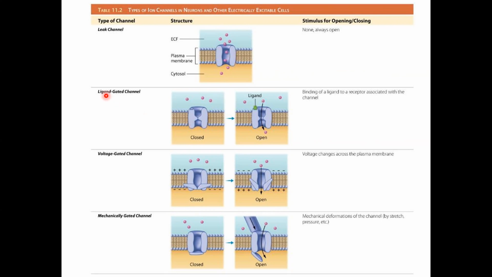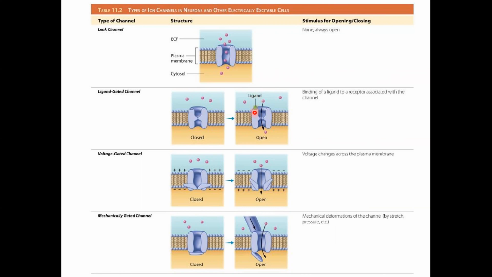Another channel is the ligand-gated channel. But this channel is not open. The leak channel is always open, but this one is actually closed, so particles cannot move through it. How to open this channel? Some kind of molecule called a ligand needs to be attached to this channel. The ligand can be, for example, a neurotransmitter or hormone.